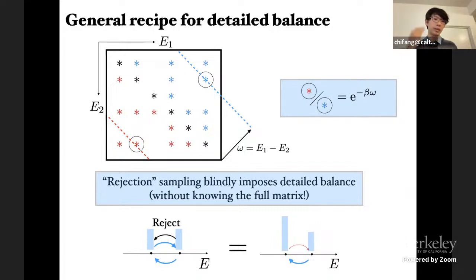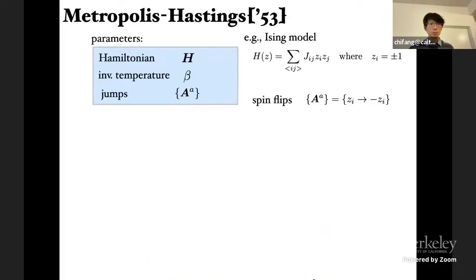Once you do that, you penalize one of these transitions, which is in red. Then you end up getting this detailed balance condition, and you can tune the temperature parameter beta. This turns out extremely powerful, extremely robust. You can do it in many cases. Most notably, this came from the Metropolis-Hastings algorithm that's still being applied today.